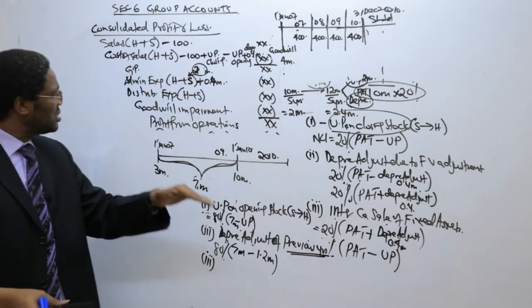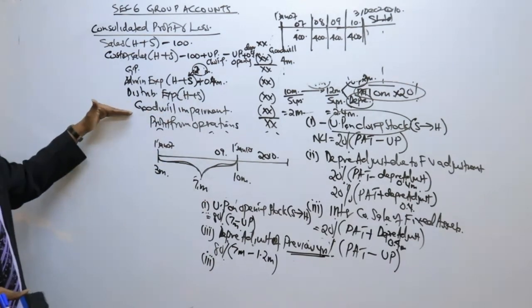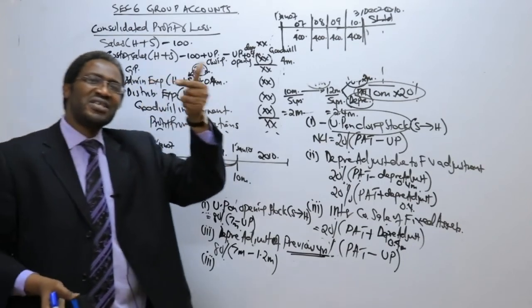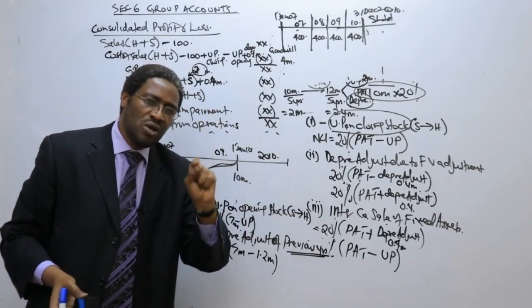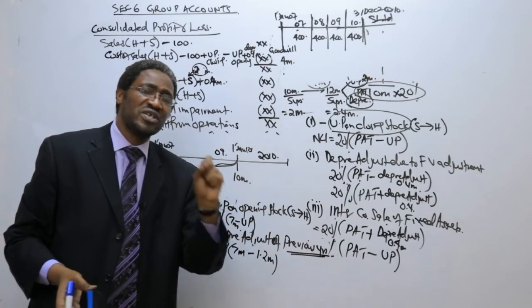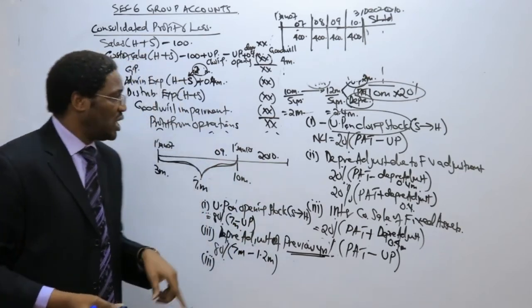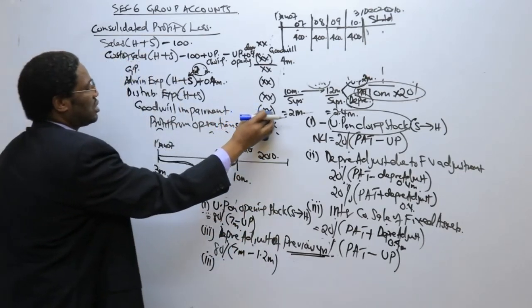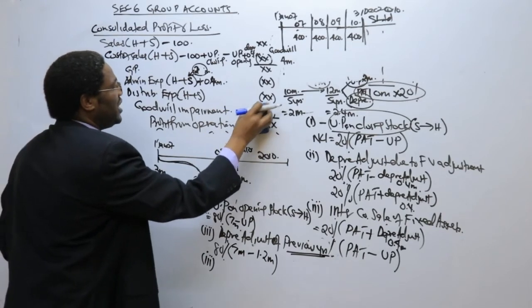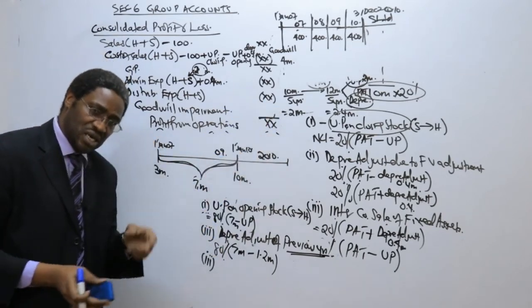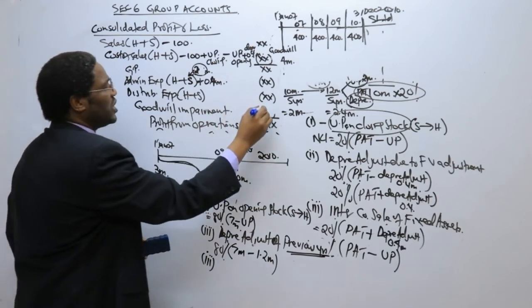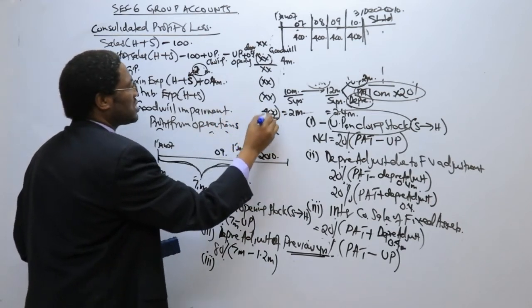When we were discussing the format of the income statement, we said if there is any impairment loss of the goodwill of the subsidiary in the current year, charge it here. Don't forget, we are doing the income statement for the current year. So that 400 for the year 2010 is what you must have charged.